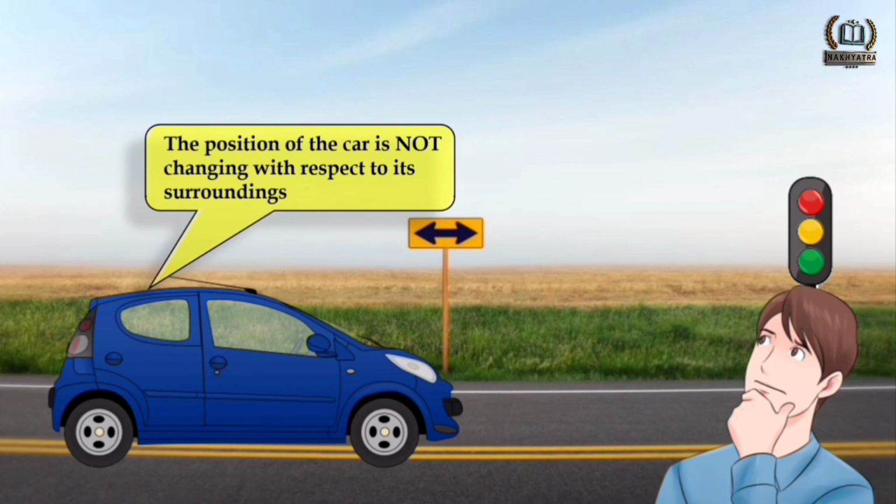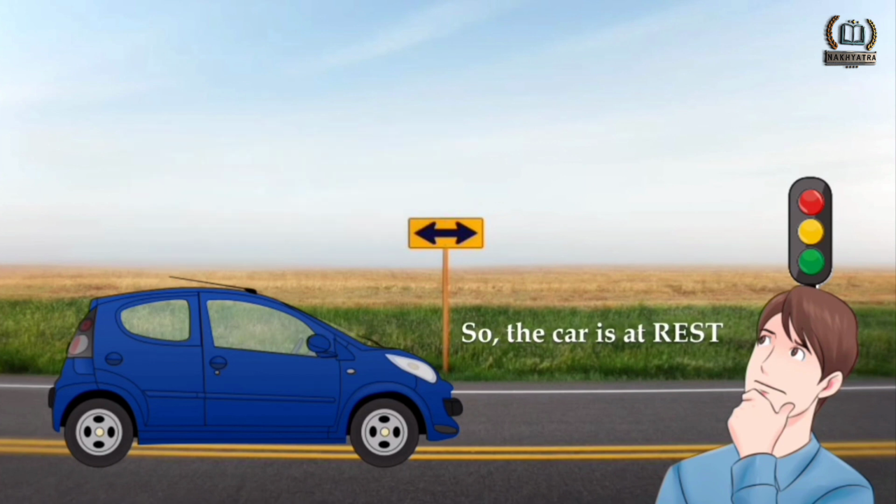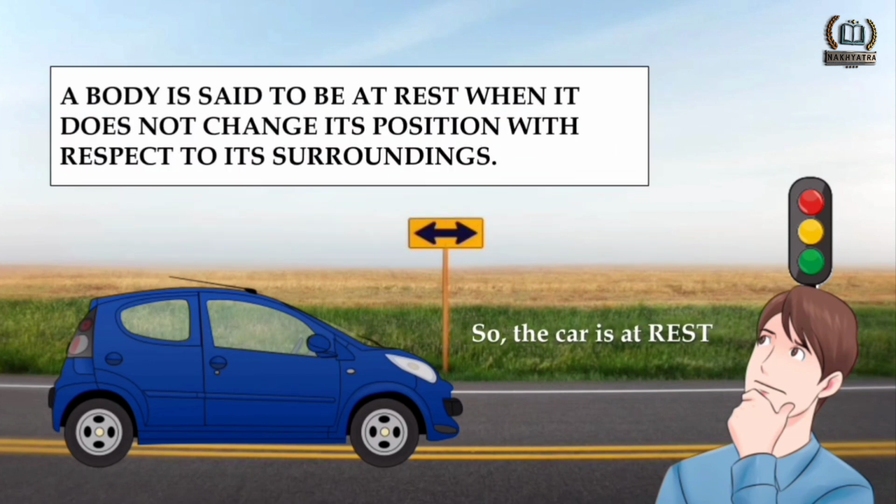Am I right? So the car is at rest. A body is said to be at rest when it does not change its position with respect to its surroundings. Clear, everyone?